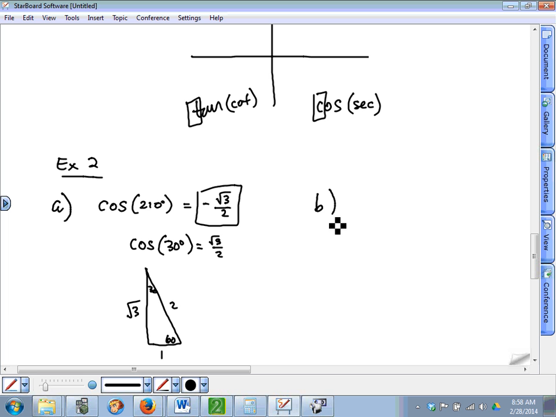So the answer is negative square root of 3 over 2. If I ask you for part B to evaluate the sine of 7 pi fourths, most students probably would change to degrees.